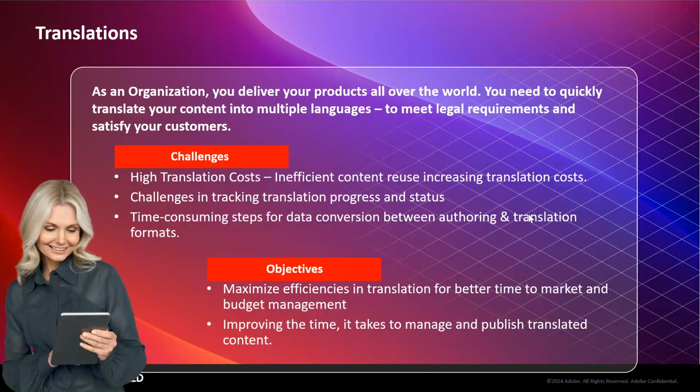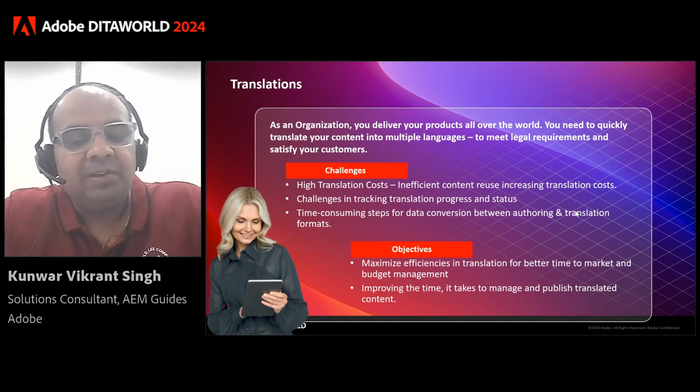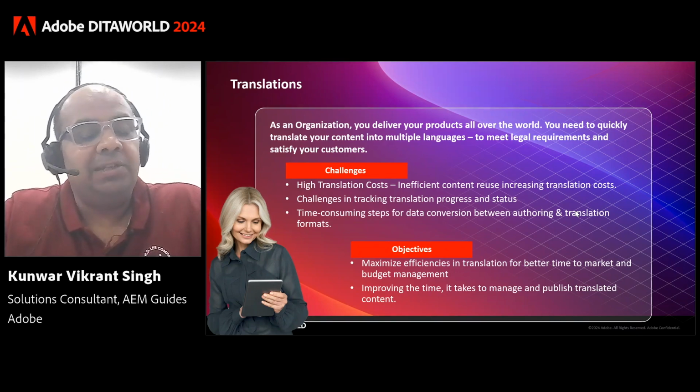Translations are very important from a global organization point of view. As an organization, you need to deliver your products and services all over the world. You need to quickly translate your content into multiple languages, sometimes to meet legal requirements, sometimes to effectively communicate with your customers to satisfy their needs. But translations come with their own challenges.